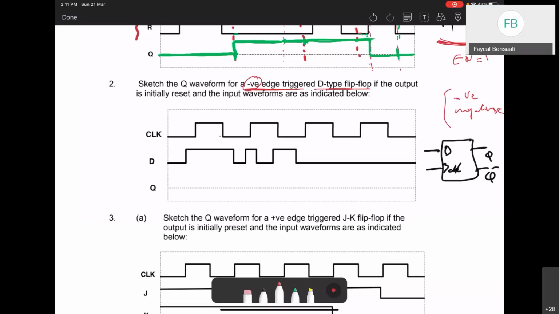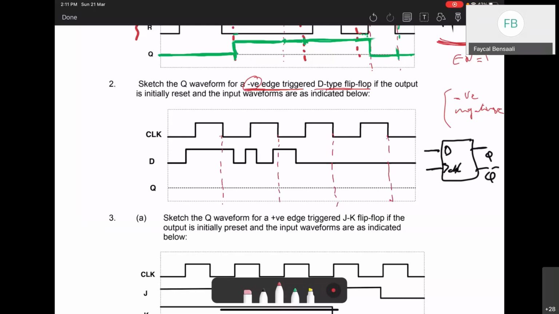We said it works with falling edges, so I will just mark the falling edges here. Those are the falling edges. On those falling edges, I will check D, and then Q follows D. As simple as that. Q follows D on the falling edges.